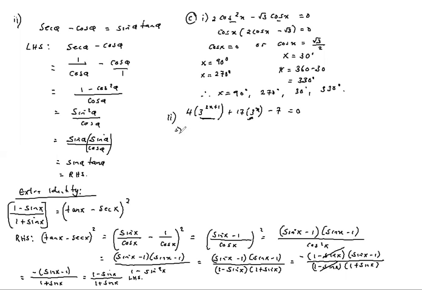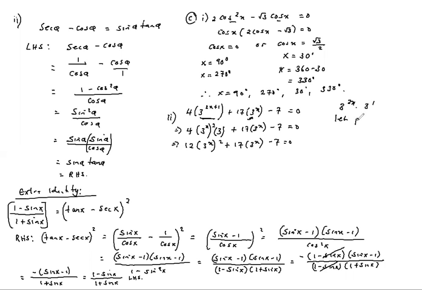So you have 4 times 3 squared, meaning 3 to the power 2x. Then you multiply by 3 to the power 1, so the 3 to the power 1 will be here. Then plus 17 times 3 to the power x minus 7 is 0. Then 4 times the 3, you have 12 times 3 to the power 2x plus 17 times 3 to the power x minus 7 is 0.